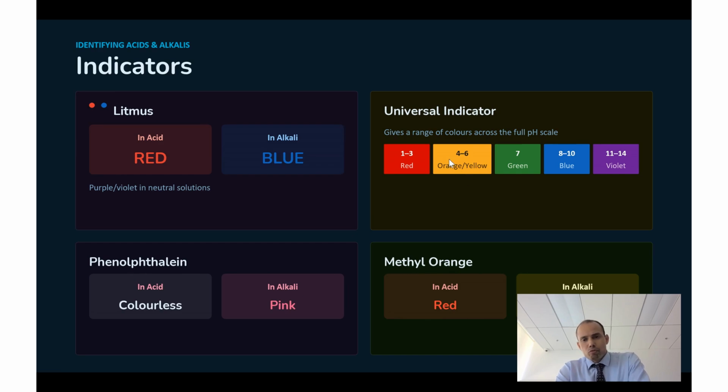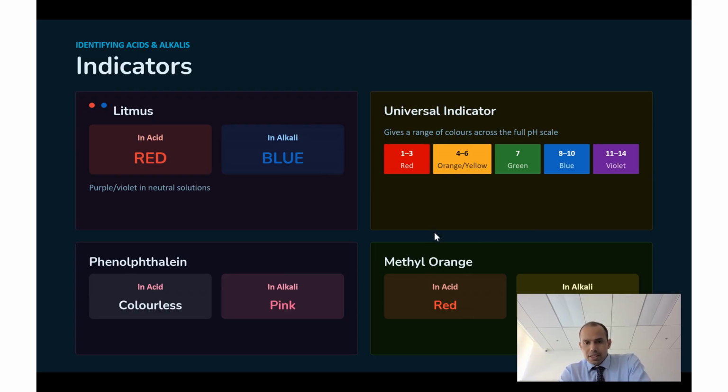From 4 to 6, its color is orange or yellow. If the pH is 7, it's green. If the pH is 8 to 10, it's blue, and from 11 to 14, its color is violet. Methyl orange in acid is red, and in alkali it is yellow.